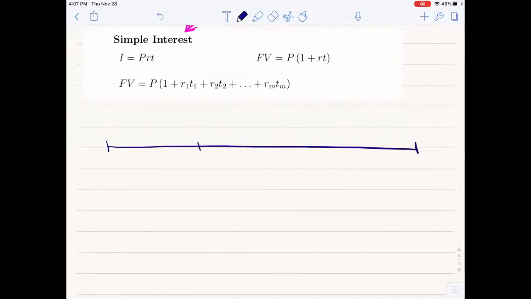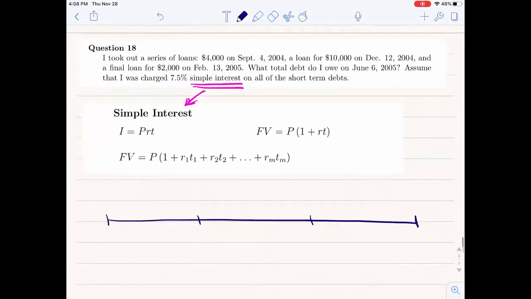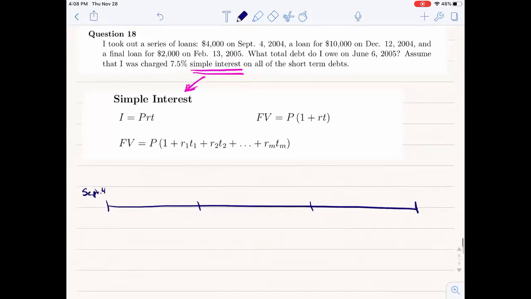So for my timeline here, I've got 1, 2, 3, 4 points. And I'm just going to space them evenly because it's really just to help me map out the problem. So I'm going to put my dates on here. I've got September 4th, 2004. Remember, dates go on the top, amounts go on the bottom.